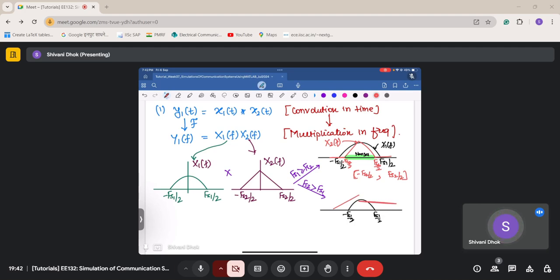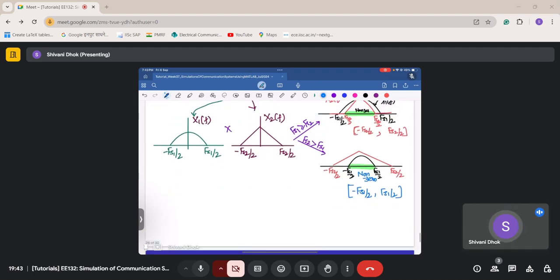So this is your X2(f). This is fs2 by 2, this is minus fs2 by 2. And again, after multiplication, this particular region is the non-zero region. So then what we have here is minus fs1 by 2 to fs1 by 2, like this.